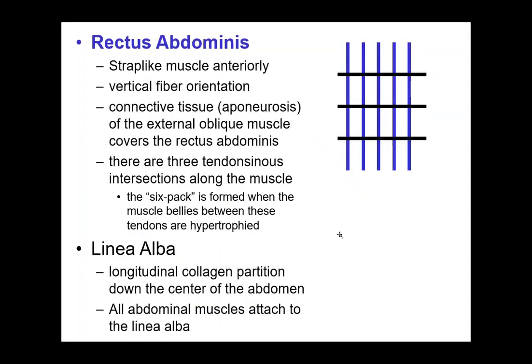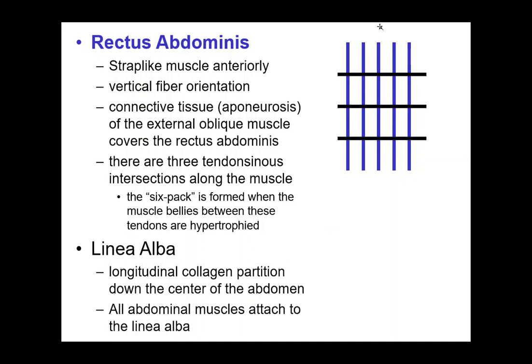Then we have the rectus abdominis. It's a strap-like muscle that's anterior, with vertical fiber orientation. It has these connective aponeuroses that kind of shorten the muscle fiber, and that gives us the perceived, quote-unquote, six-pack between these aponeuroses, and then you have the muscle belly.